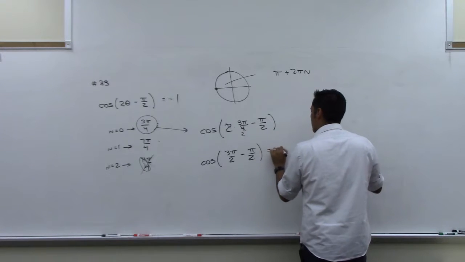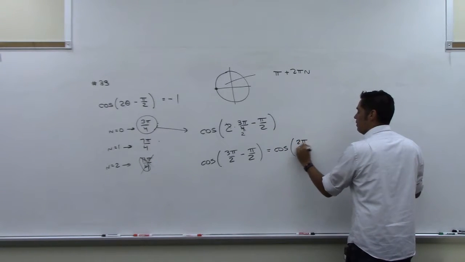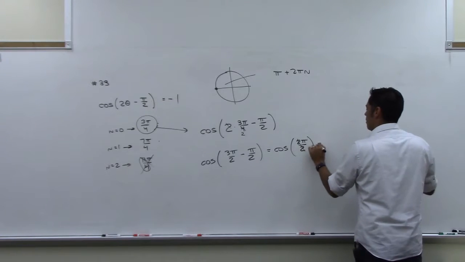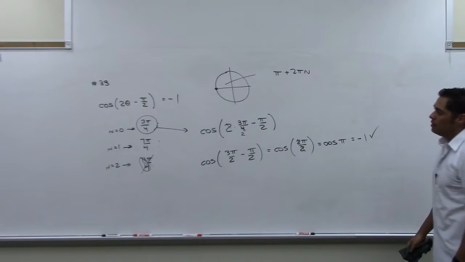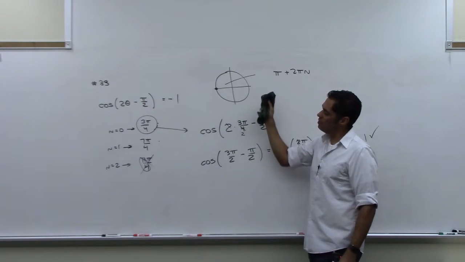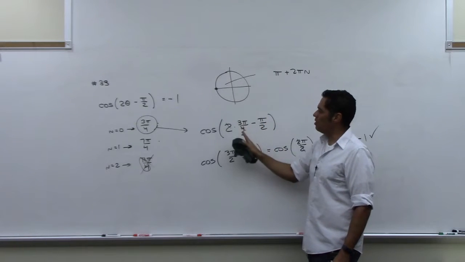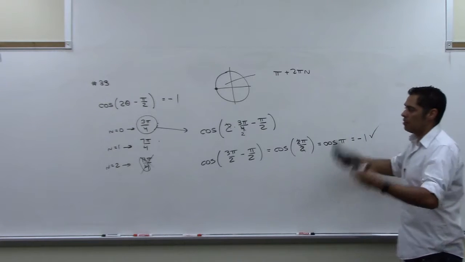Those have the same denominator, so subtract them. 3 pi over 2 minus pi over 2 is 2 pi over 2, and the 2's cancel, you just get cosine of pi. Cosine of pi is negative 1, checks. So this is only used to build up the solutions, right? But setting the argument equal to the general solution here will allow you to create your list.